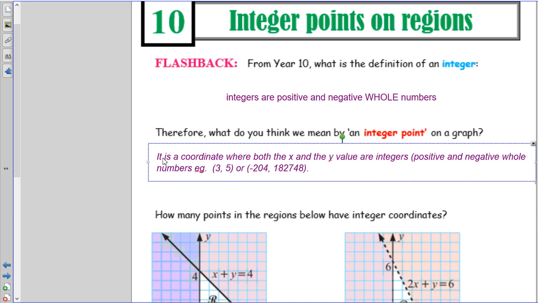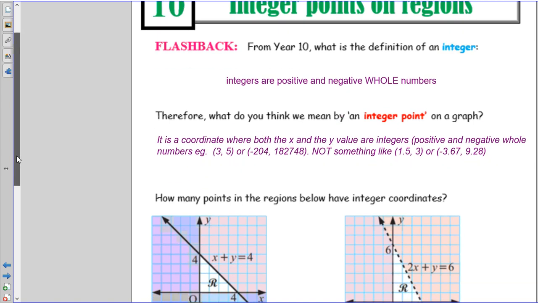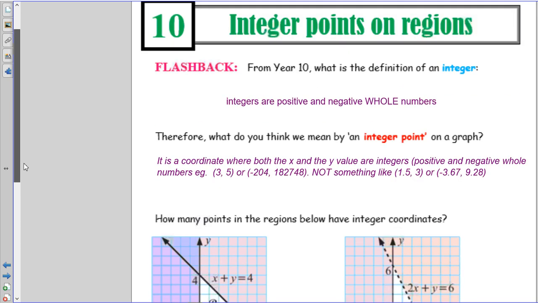So not something like (1.5, 3), or something like (-3.67, 9.28). Basically, the x and y value of the coordinate is an integer, a positive or negative whole number. So that's a good little recap on some past facts.